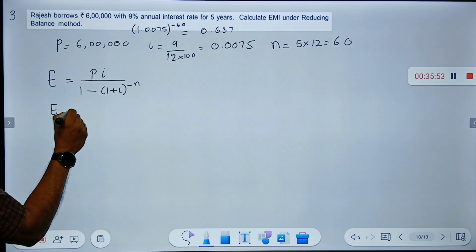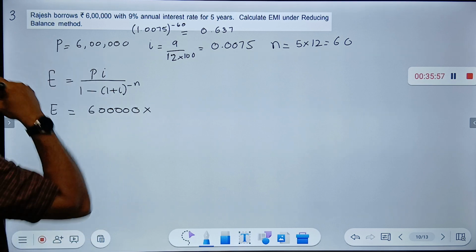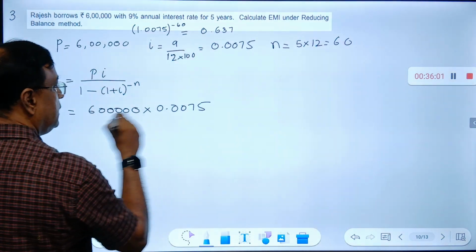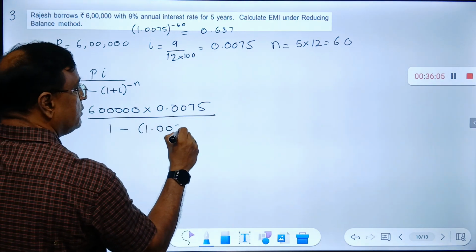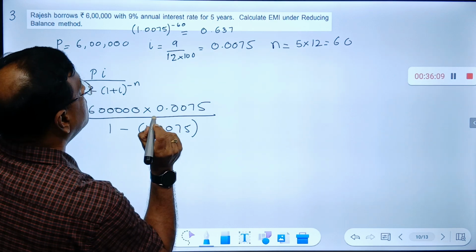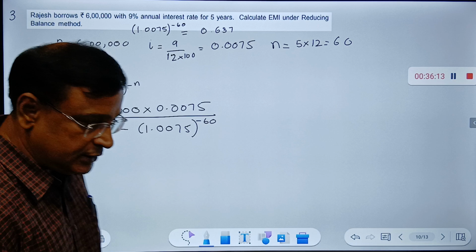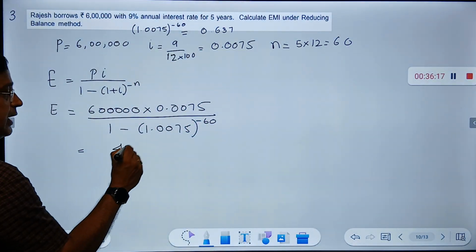So EMI is 6 lakhs. Previously I forgot to multiply by I. Now I will not make that mistake. Divided by 1 minus 1.0075 whole to the power of minus 60. Now when you multiply 6,00,000 with 0.0075, I have done the calculation.